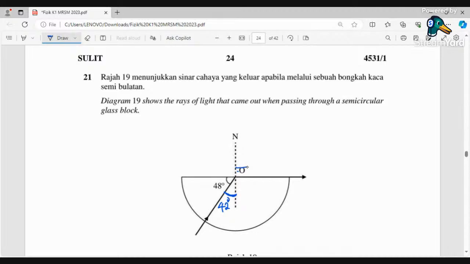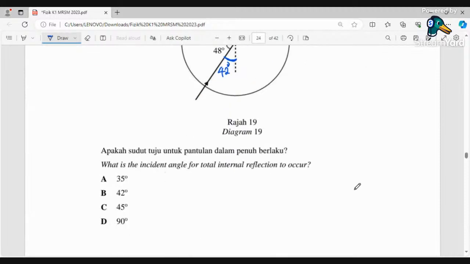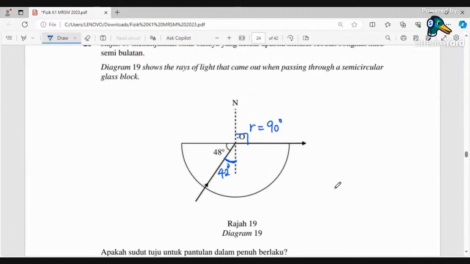Angle R is here, R. 90 degrees. Because at the boundary. Soalan, what is incident angle for total internal reflection occur? So if angle 42, it is at a boundary for total internal reflection. Apa syarat?